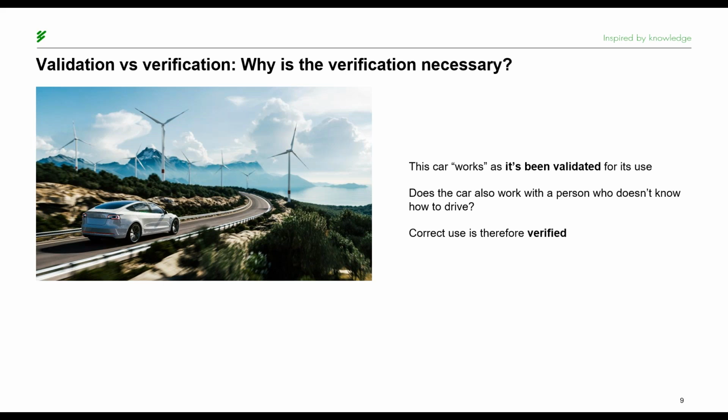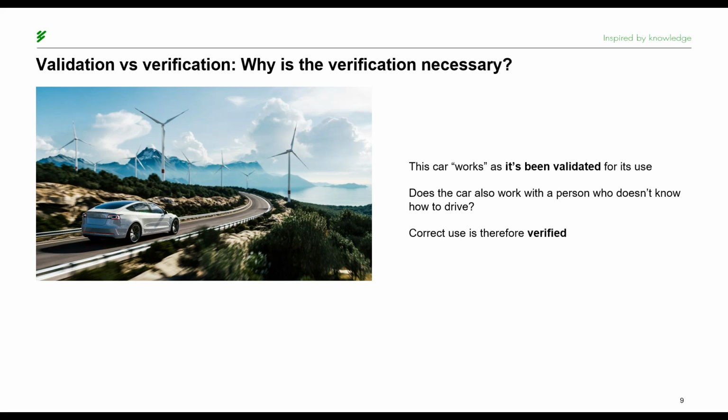The car works because it has been validated. However, the verification is responsible for ensuring that the user is able to use the car correctly. And it is the one that would advise us not to get into a car with a driver that doesn't know how to drive.